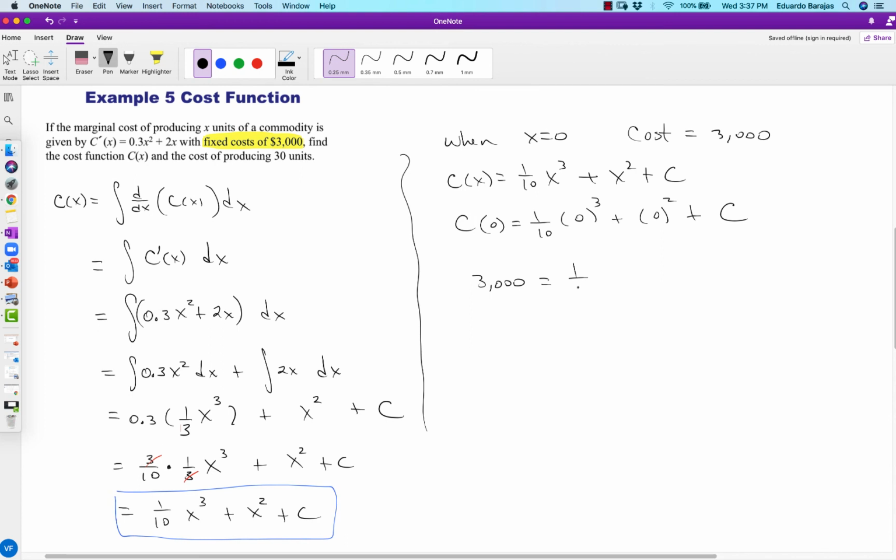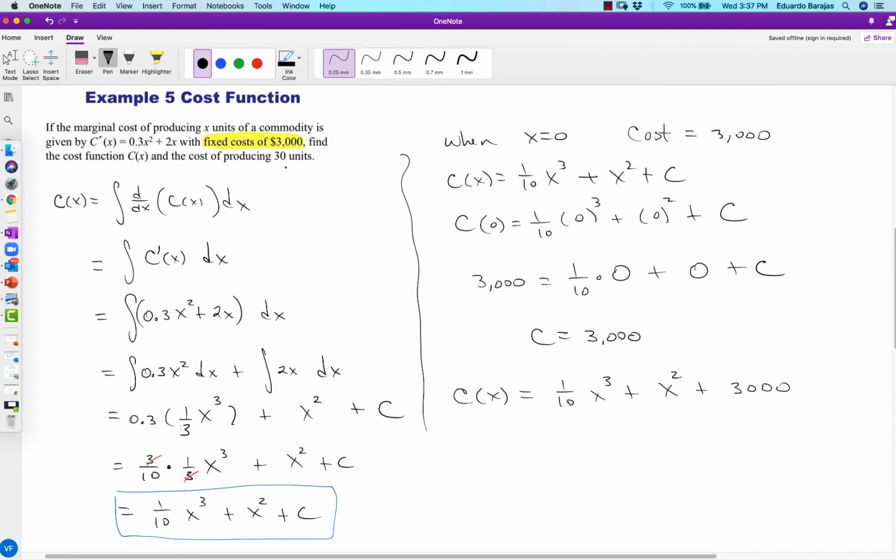So this must be true. 1/10 times 0 plus 0 plus c, therefore c must be the 3,000. Okay, so now we have our complete equation. This is 1/10 x to the third power plus x to the second power plus 3,000.